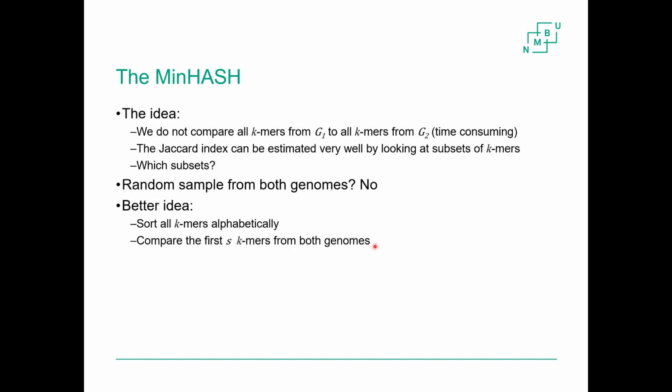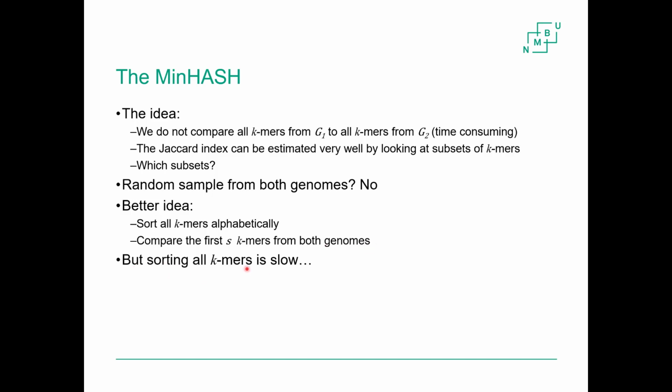And if these two genomes are very similar to each other, the first K-mers after sorting will also be very similar to each other. Imagine the two genomes are identical. Then, of course, the K-mers you have after sorting in one genome are exactly the same K-mers you have after sorting in the second genome.